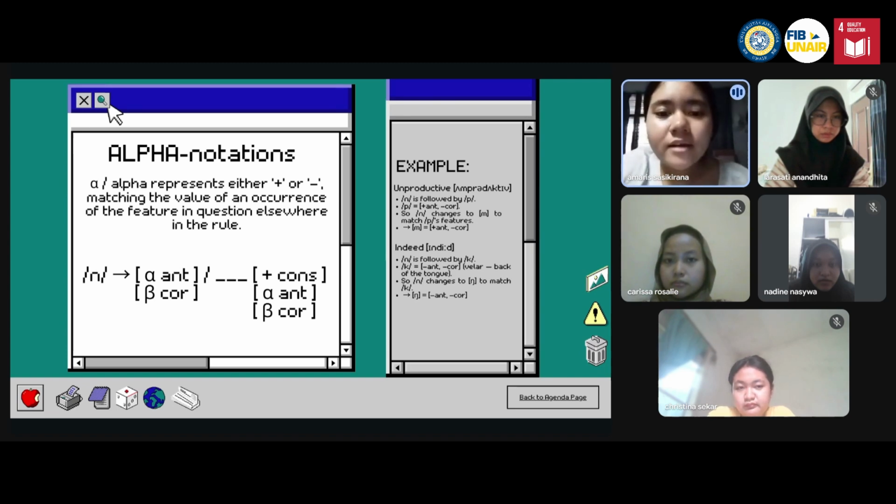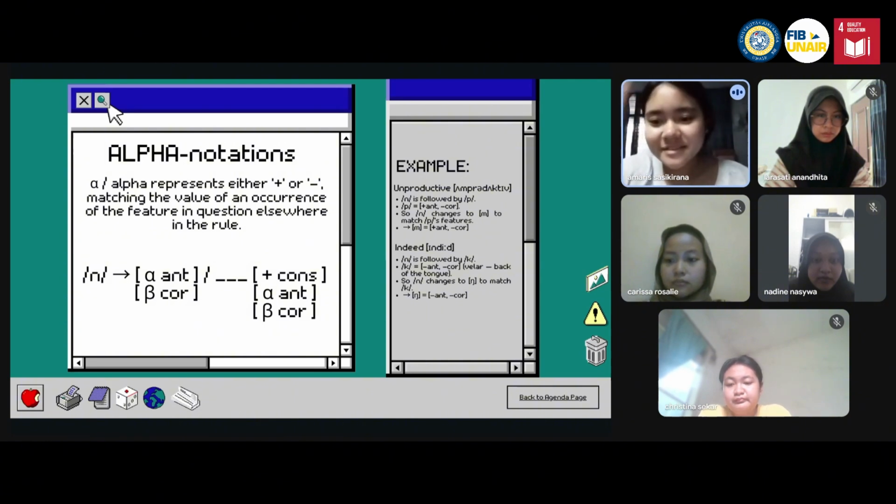So n changed to ng to match the k. So there you have the consonant which is negative anterior and negative coronal, where it doesn't have anterior and it doesn't apply to coronal as well.